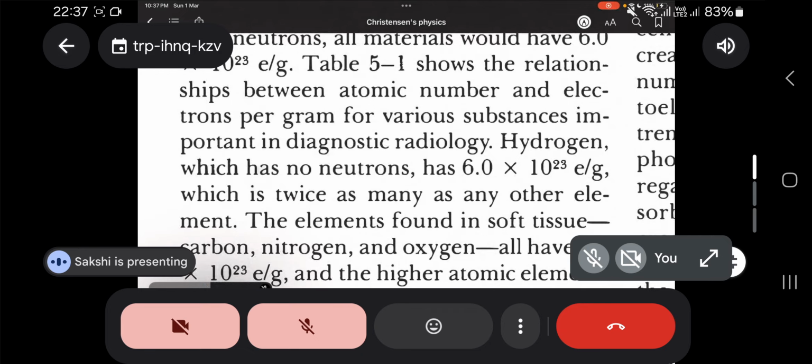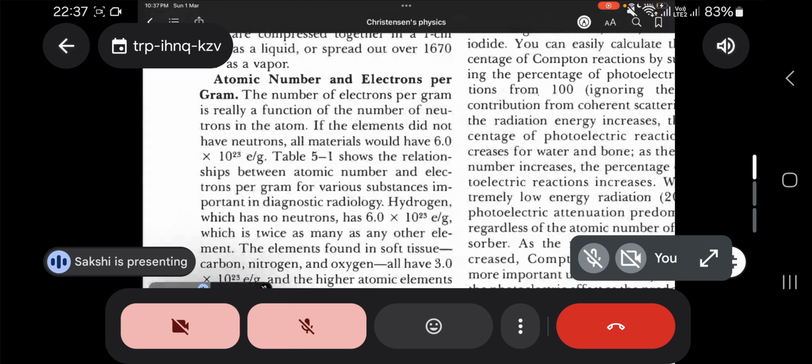Table 5.1 shows the relationship between atomic number and electrons per gram. This is also not important. You can just leave it. So one question again you can write down. What is the relationship between atomic number and electrons per gram?